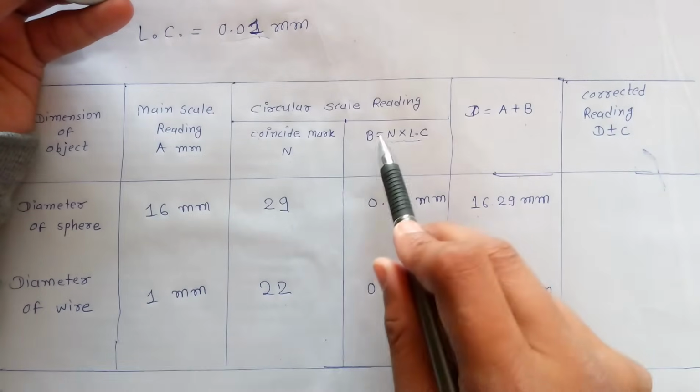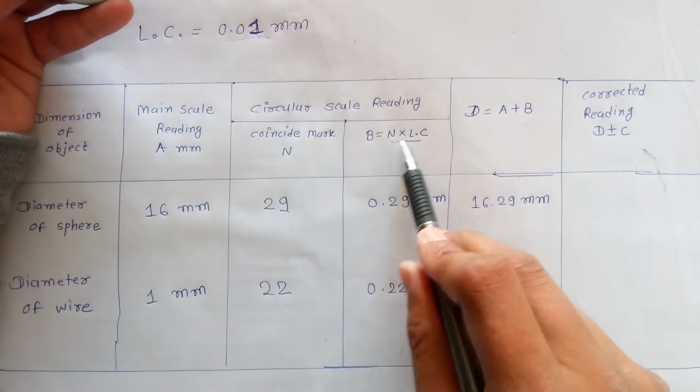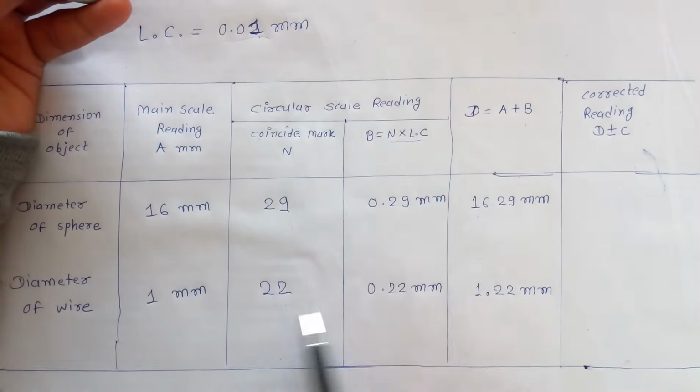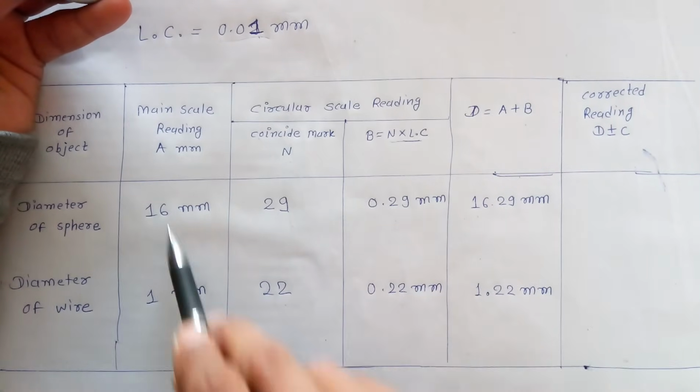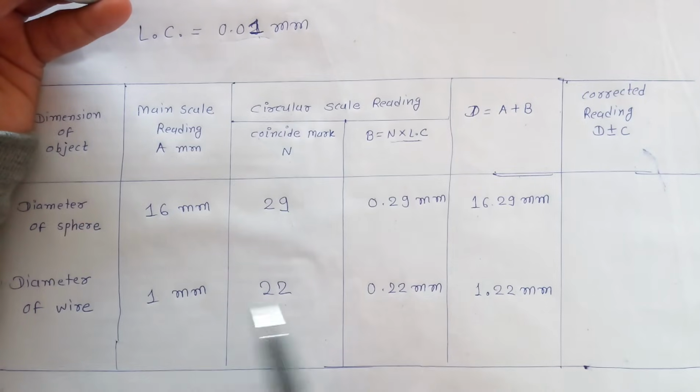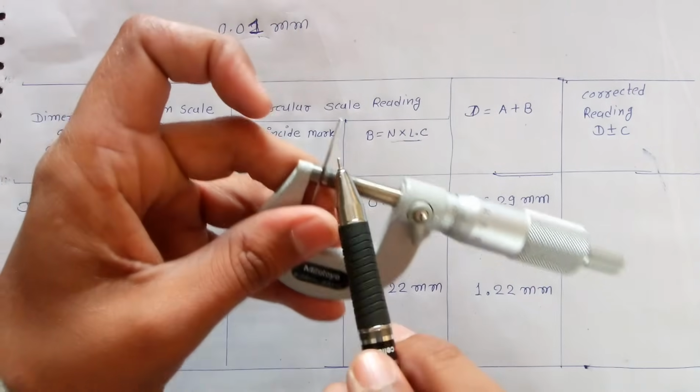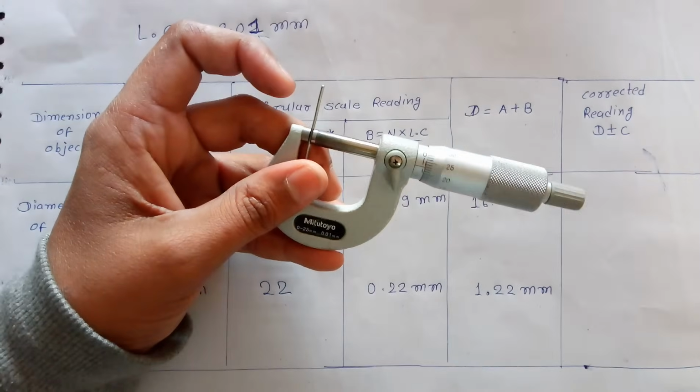So D is equal to A plus B, 1 plus 0.22, 1.22 mm is the diameter of this given wire. Thank you.